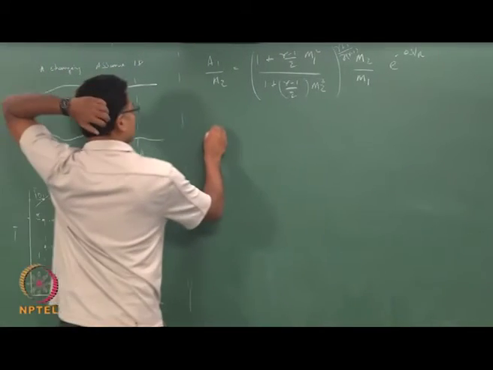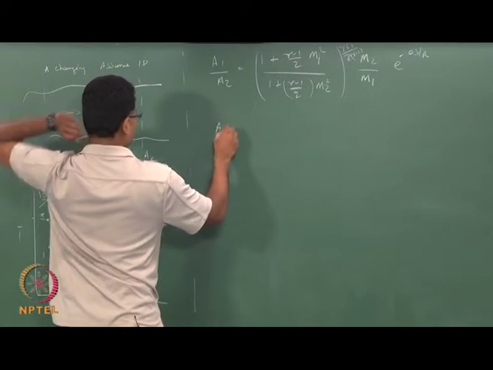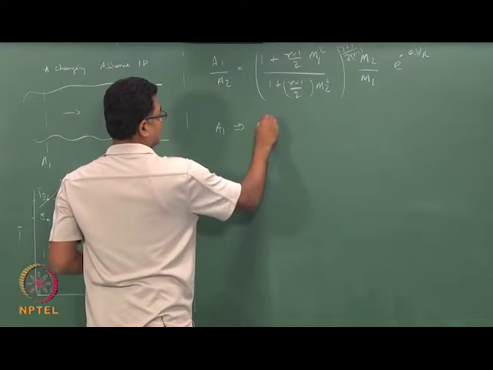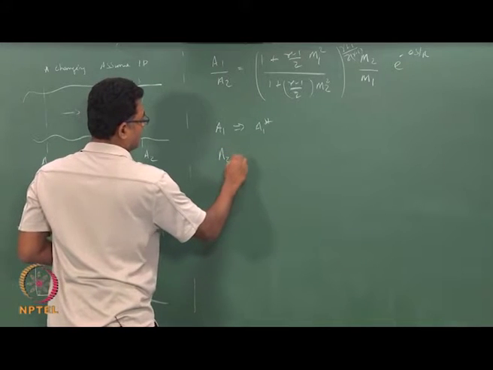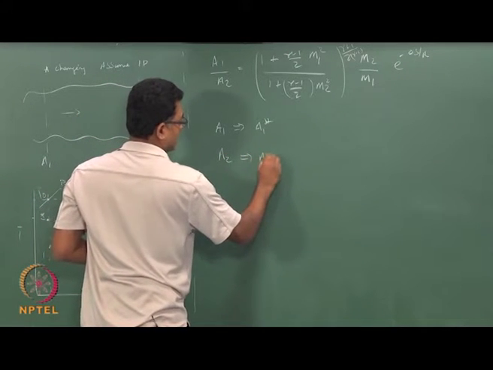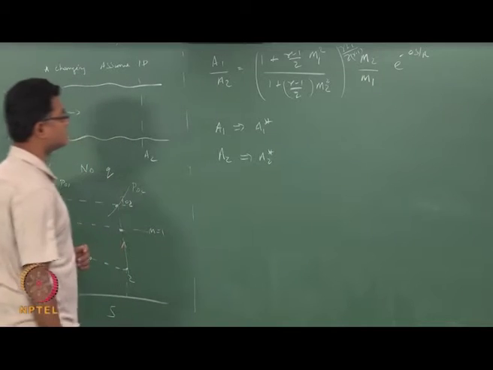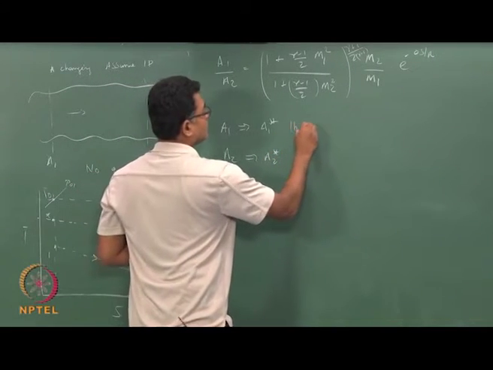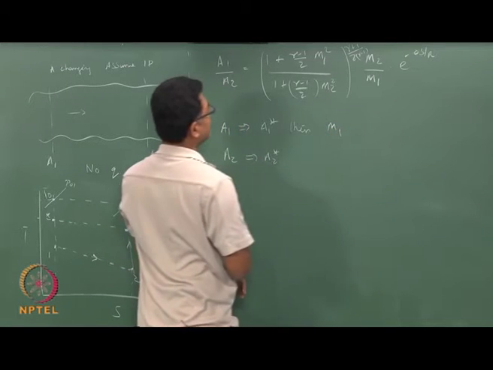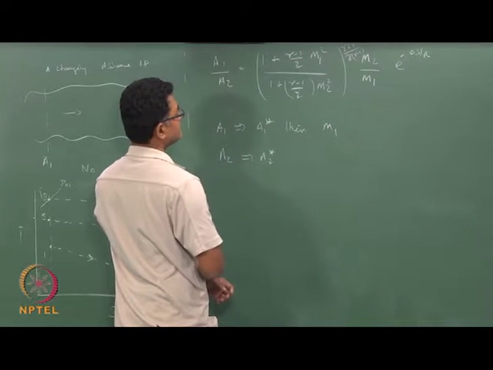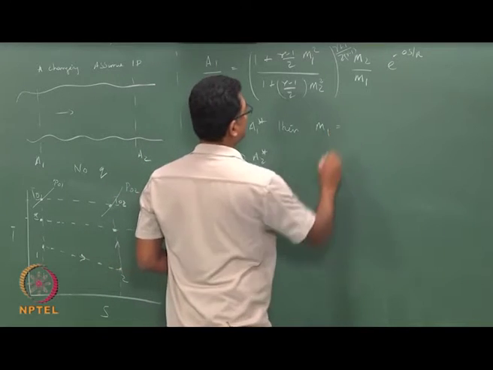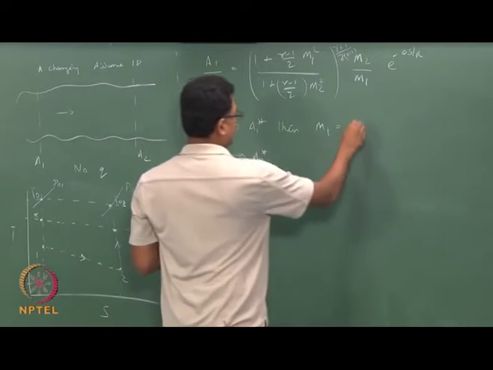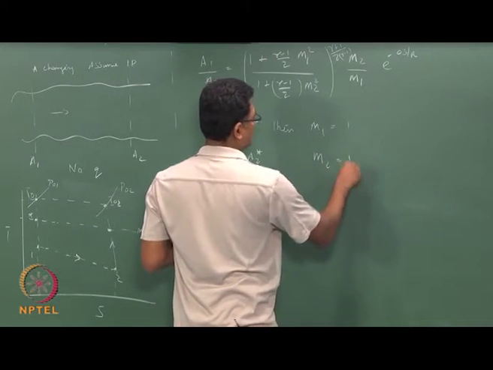For the process, A is A1 star and A2 is A2 star, then my M1 is 1, M2 is 1.